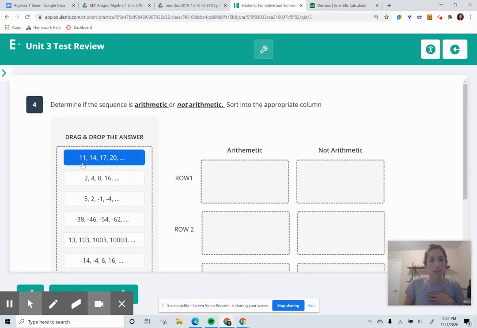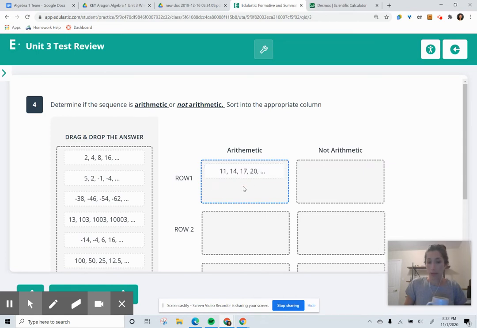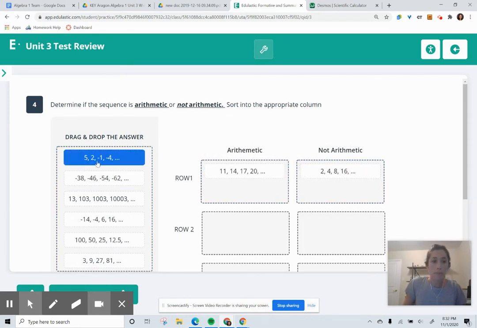And then 11 plus 3 is 14, 14 plus 3 is 17, plus another 3 is 20. So that pattern is consistent. That is arithmetic. My next pattern goes from 2 to 4 to 8 to 16. I'm adding 2, then 4, and then 8. So I'm not adding a consistent amount. I am multiplying by a consistent amount, but that is not arithmetic. So I'm going to put that in this category here.